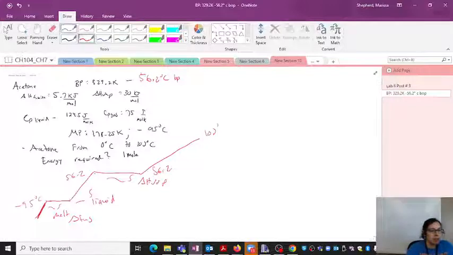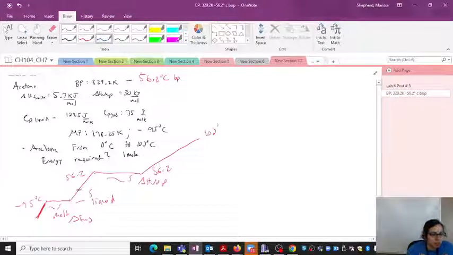And so let's look at this. We're starting at 0 over here, somewhere in the liquid phase. So what do I need to do first then? I got all these heat capacities. So what do I need to calculate?